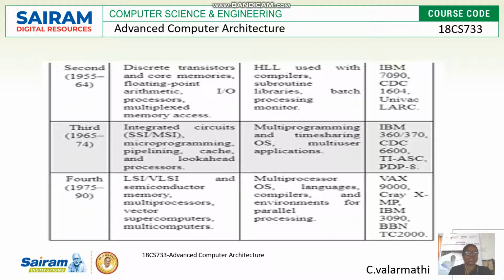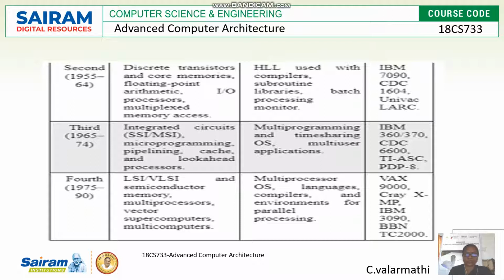Then they moved on to the third generation of computers, where integrated circuits were the core technology, coming under SSI and MSI, and microprogramming, pipelining, cache memories, and lookahead processors were introduced, lying between 1965 and 1974.